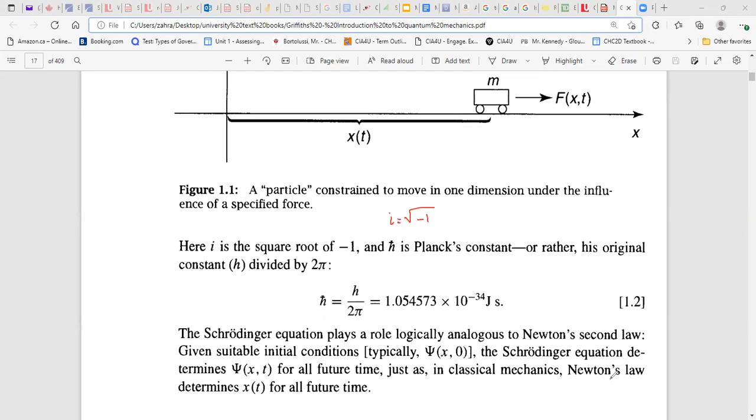In classical mechanics, Newton's law determines x for future time. So in quantum mechanics, we talk about the wave function. In classical mechanics, we talk about the position. So that's the main difference, and those equations are different for these two.